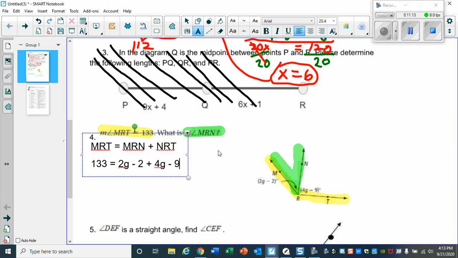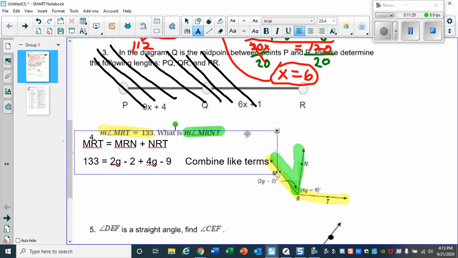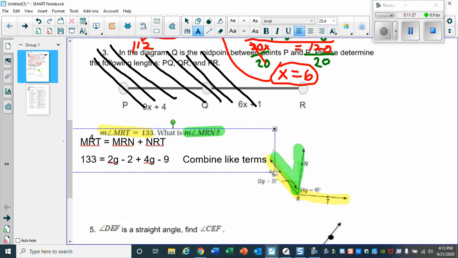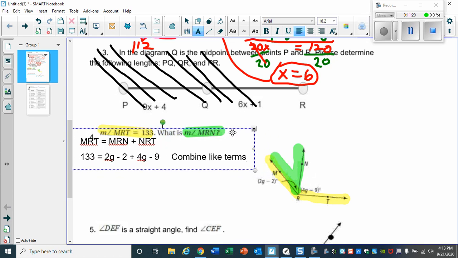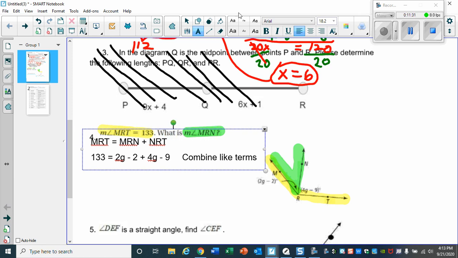Now, just like before, you need to combine like terms. That's what you need to do first. Combine your like terms.